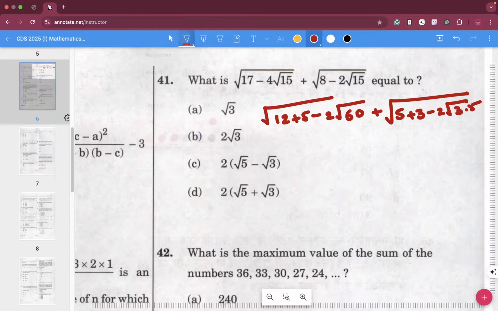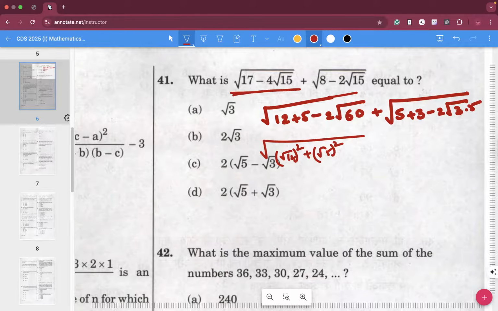Obviously we can write it like that. Now, can I write 12 as root 12 whole square and 5 as root 5 whole square? My whole point is to get rid of the square root here.